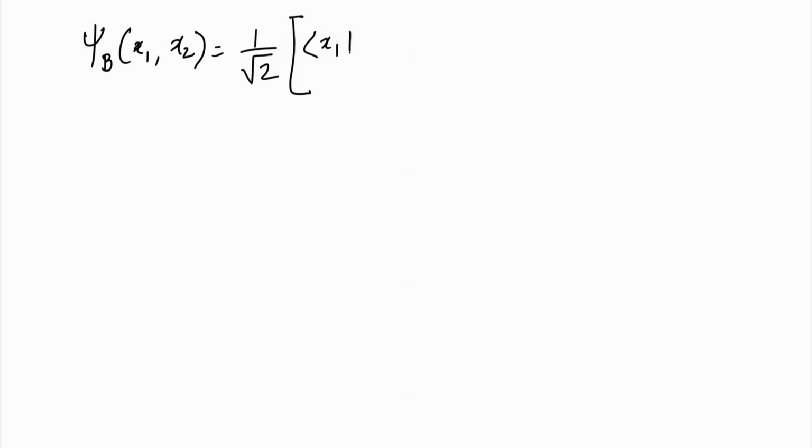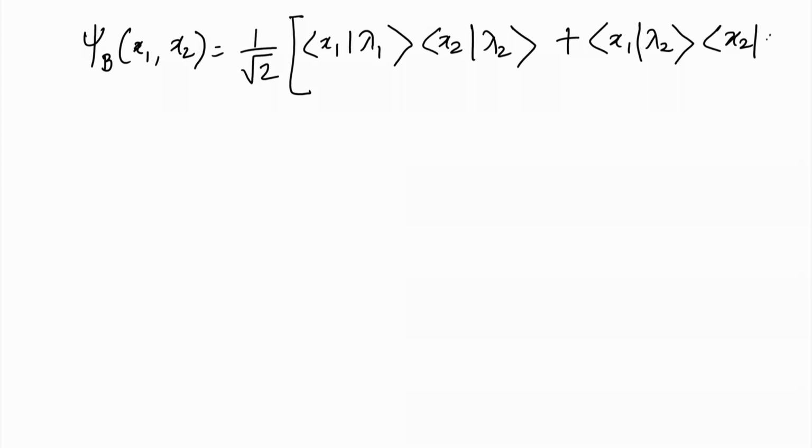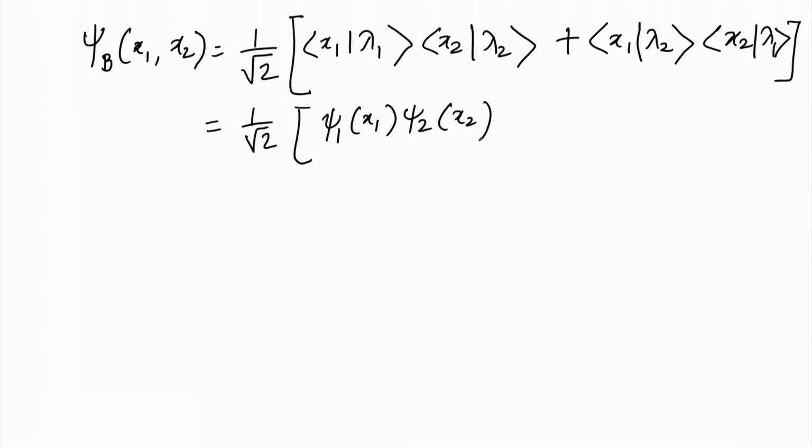However, this will not be there for a boson. One can write down the wave function for a boson equal to 1 by root 2 times x 1 lambda 1, x 2 lambda 2, plus x 1 lambda 2, x 2 lambda 1, and as earlier, this can be written as psi 1 x 1 psi 2 x 2 plus psi 1 x 2 psi 2 x 1.